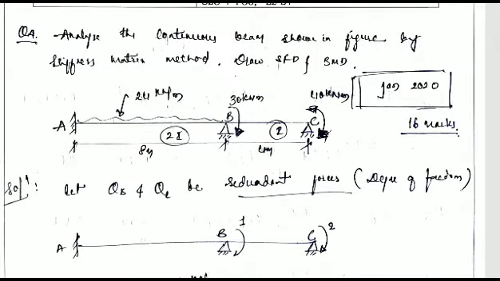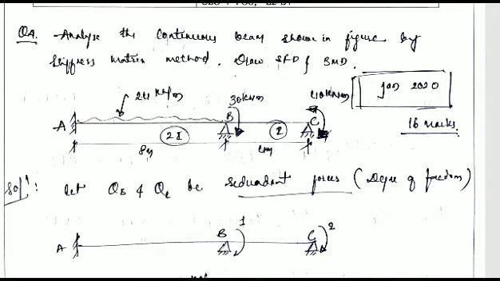So let us first find the first step, that is the degree of freedom, or we call it the kinematic indeterminacy. As we have studied in the last three classes, when we analyze the beam by stiffness, we need the kinematic indeterminacy. A simple way is to find the rotations.